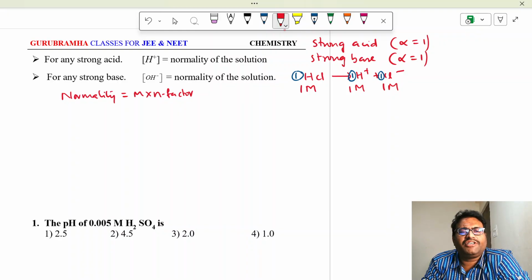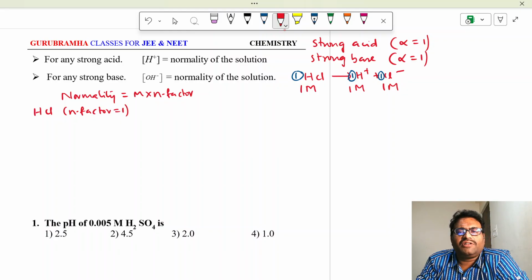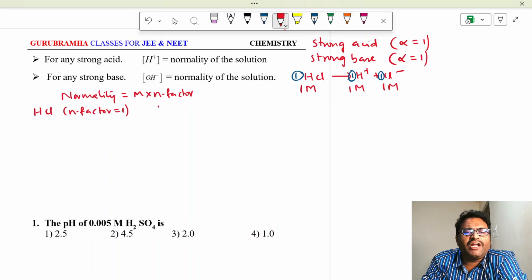Here, how many H plus is HCl producing? For HCl, N factor is equal to 1, because the number of replaceable hydrogens for an acid is called the N factor. So normality will be equal to molarity because N factor is equal to 1.